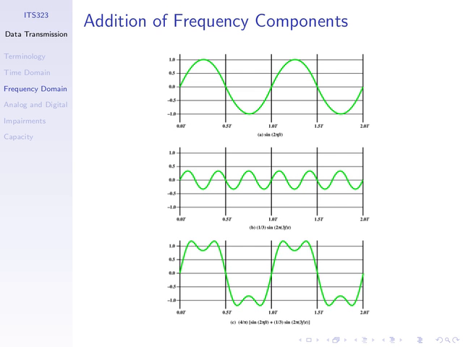this plot with two impulses is a plot of this signal, which is just the same as this signal. It's just a different way to view it, the same information. So this is the signal plotted in the time domain. This is the same signal plotted in the frequency domain.